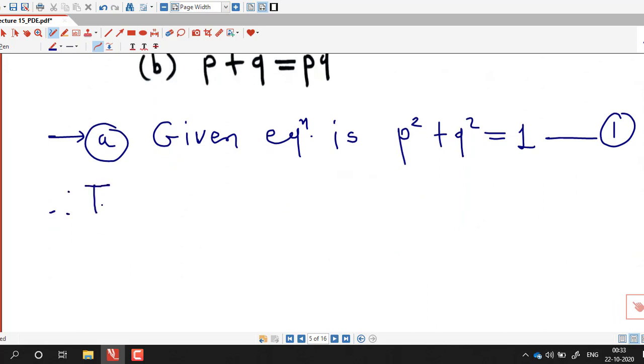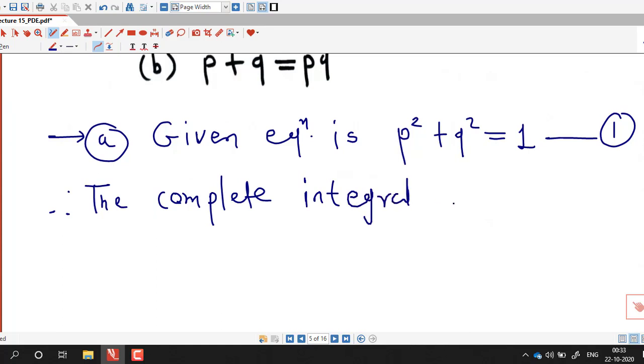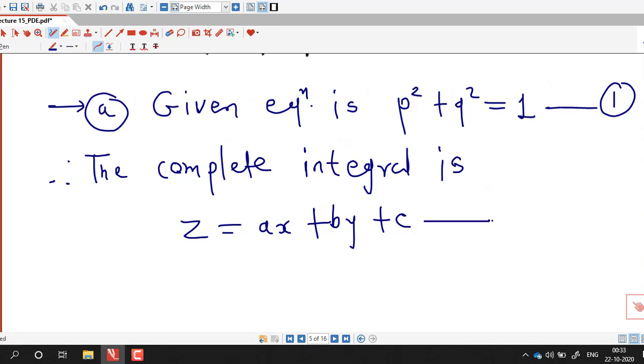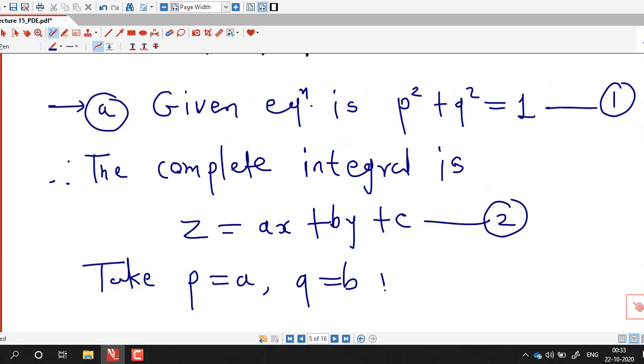So therefore the complete integral, as we know, is given by z equal to a into x plus b into y plus c, and to find out the relationship between a and b, we have to take small p equal to a, q equal to b.